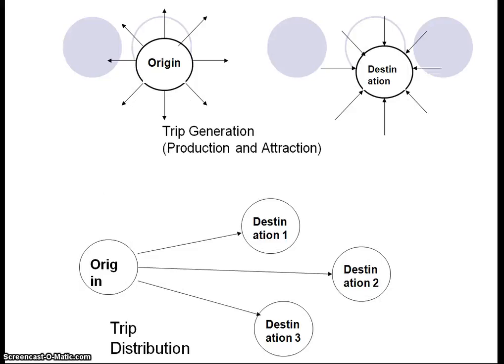For trip generation, we estimate the number of trips going out from every area, and how many trips are attracted to any area. And in trip distribution, we want to know, if this number of trips goes out from this zone, how many people will go to this destination, the second destination, the third destination.